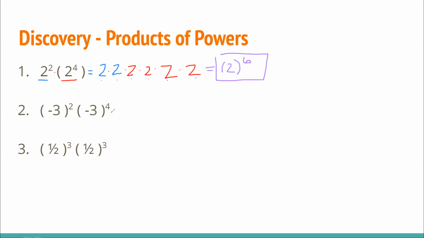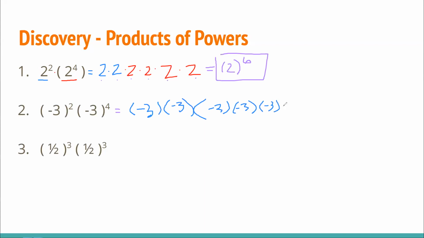So if we're looking at this one here, we've got negative 3 to the second. I know that negative 3 to the second looks like this when you expand it out. And then I've got negative 3 to the fourth, so negative 3 written out 4 times.